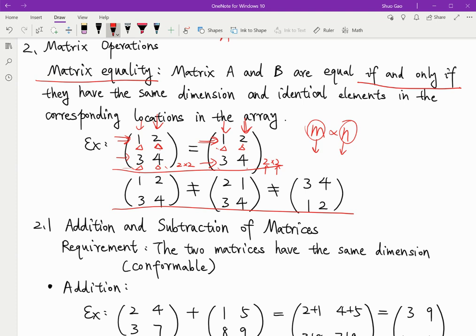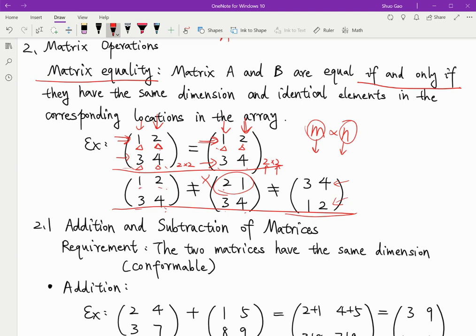And for the second example here, 1, 2, 3, 4 doesn't equal 2, 1, 3, 4, right? Because you changed the locations of 2 and 1 here, so they are not the same as each other. Although they have the same dimension, the numbers don't have the same locations, so they are not equal to each other. And also the third one, you changed the locations of the first row and second row, right?